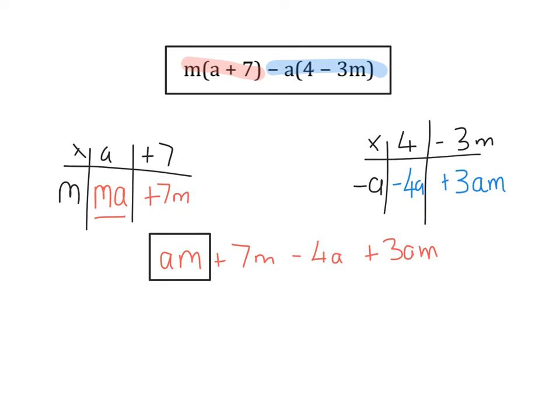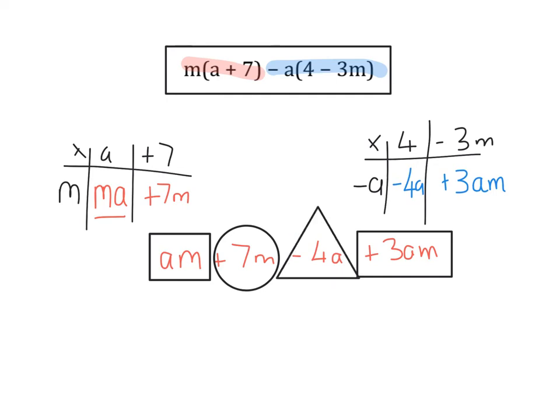So I'm going to put squares around those ams, or rectangles. And I've also got some m's and some a's. Well, these are all different, so that's an m, and that needs a different shape. So the only ones that I can collect are the ams.